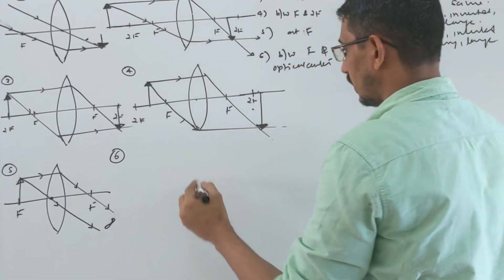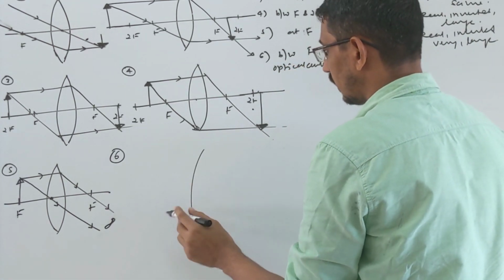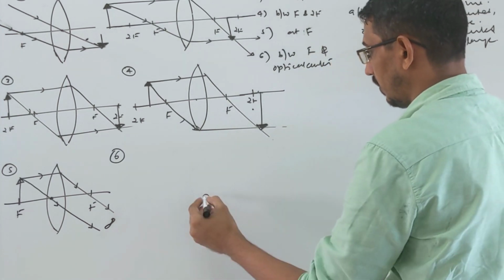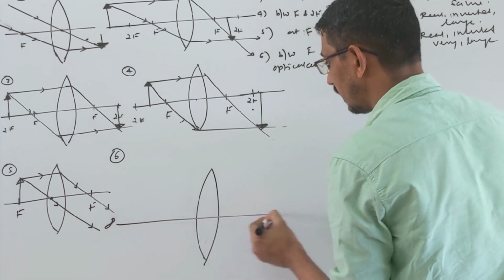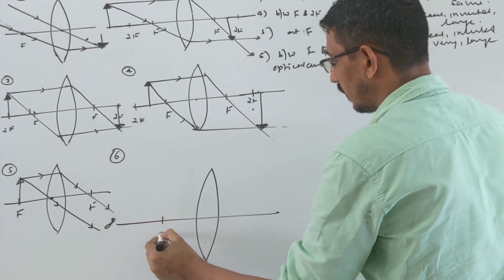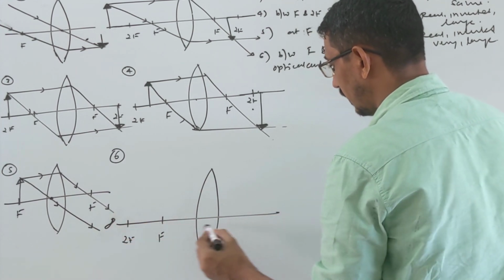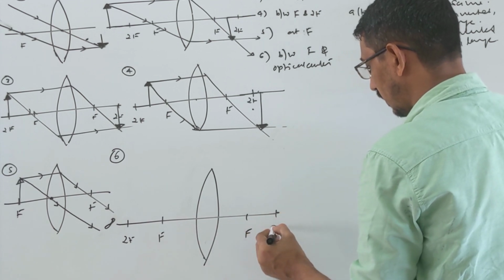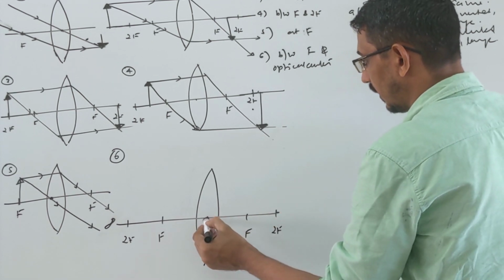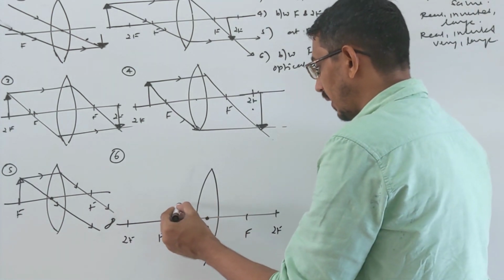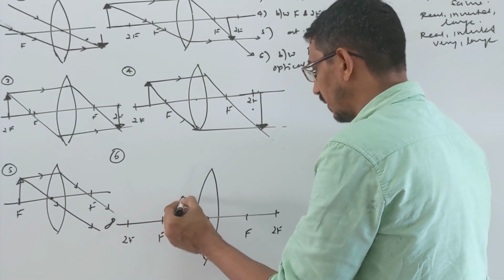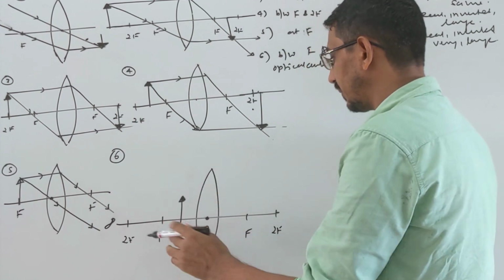So okay, I need a little bigger space here. This is your lens, this is called the focus, this is 2f, f, 2f, this is your optical center. So the object is placed very close, here. This is the object position, right?